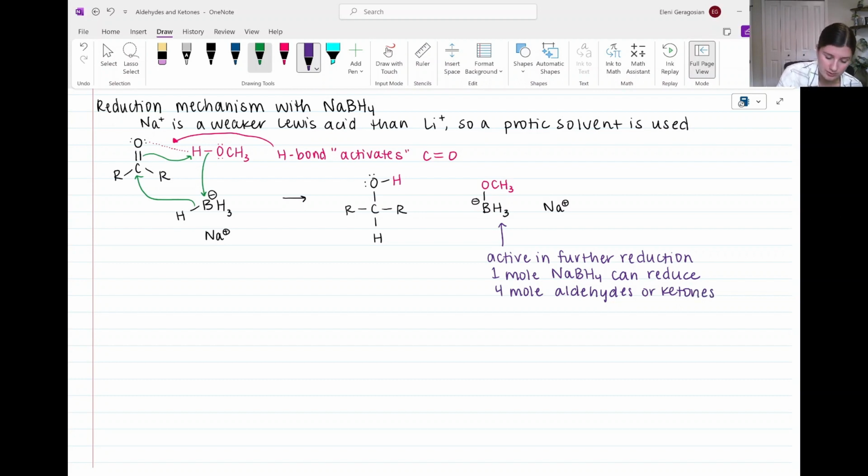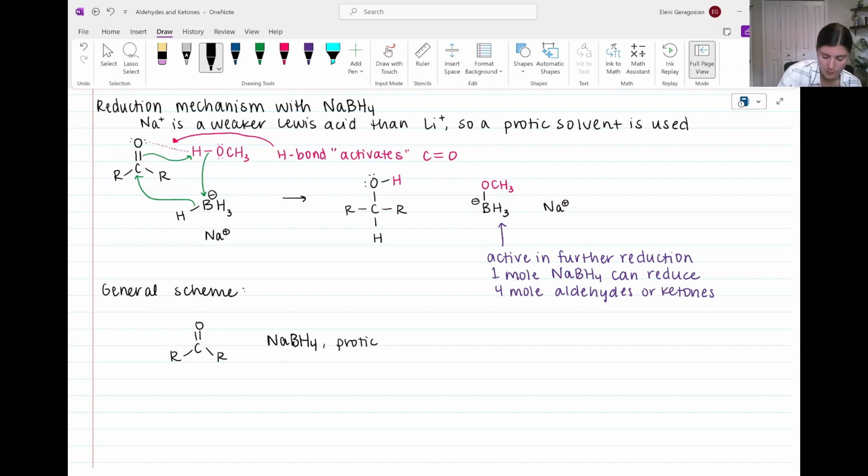So now let's write the general scheme here. This is the whole reaction. We've already produced our desired alcohol product. In the general reaction scheme, we start with an aldehyde or ketone. We add sodium borohydride and a protic solvent.